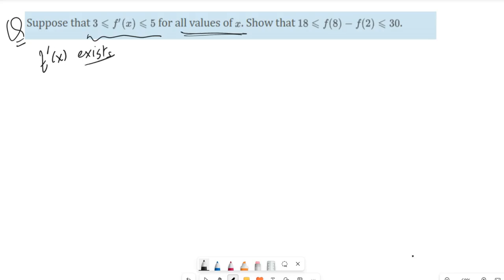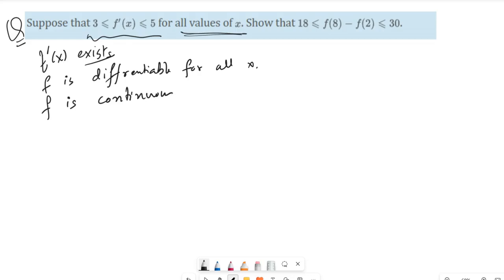Then only it can be between 3 and 5. That means f is differentiable for all x, and differentiability implies continuity. Therefore, f is continuous everywhere because it's for all x.